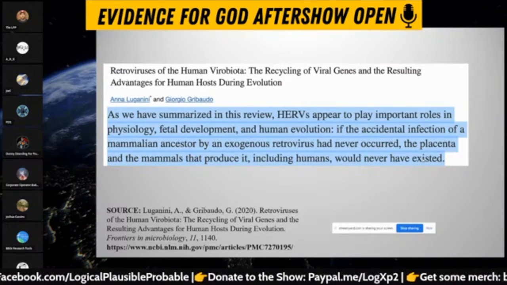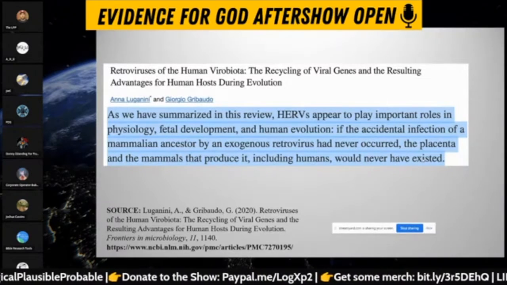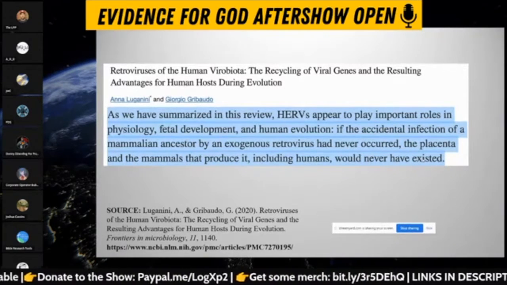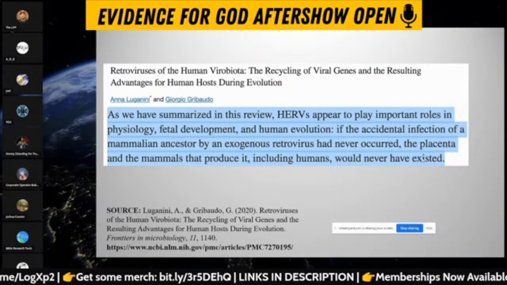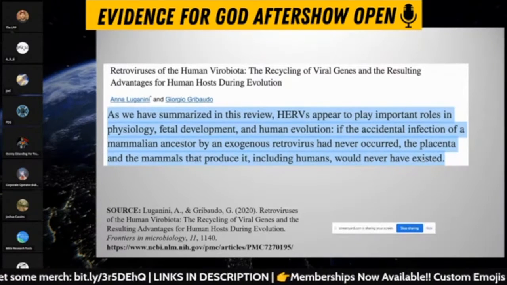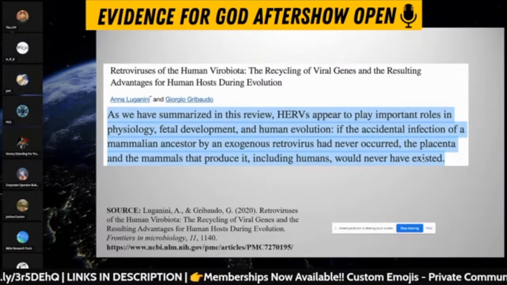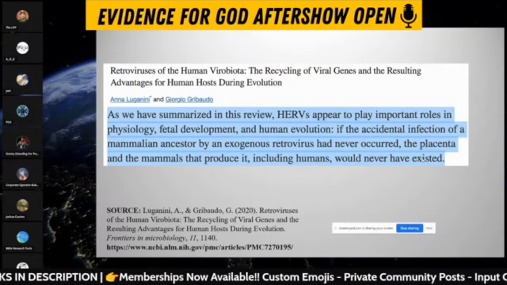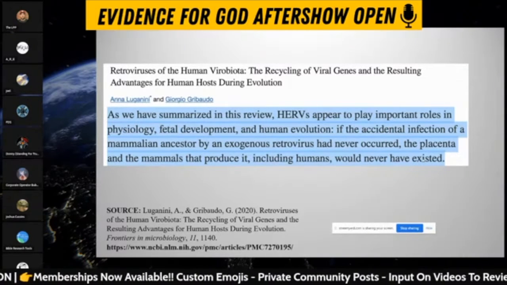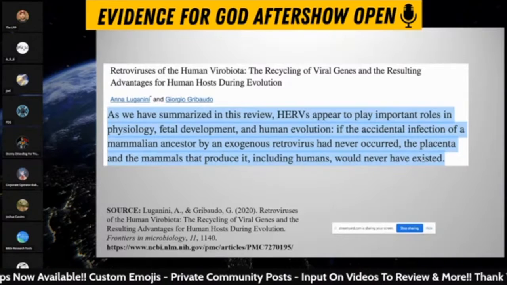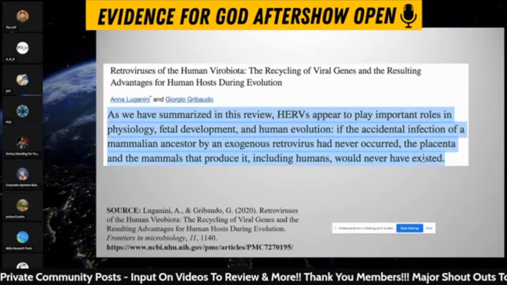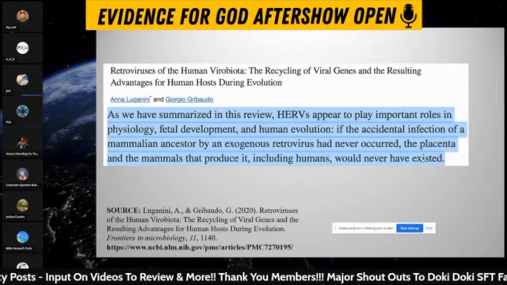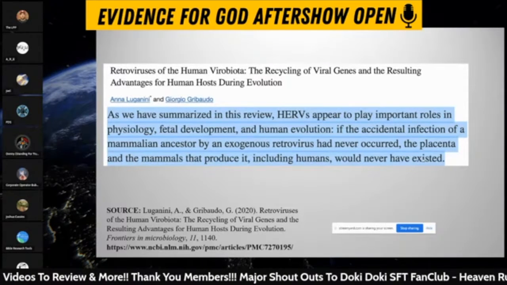So the creationist explanation is basically an answer to the question that I frequently ask. Are these really the ancient remnants of past viral infections, or are these created units of DNA function? Well, we know that without certain classes of these retrotransposons, we couldn't exist because they play incredibly important roles in placental and embryological development.